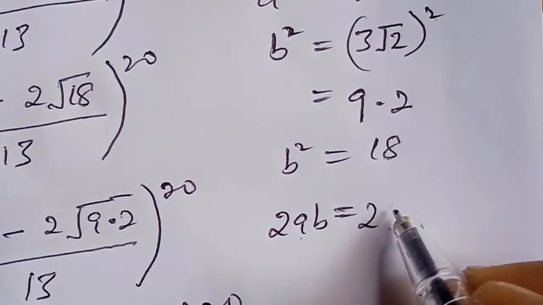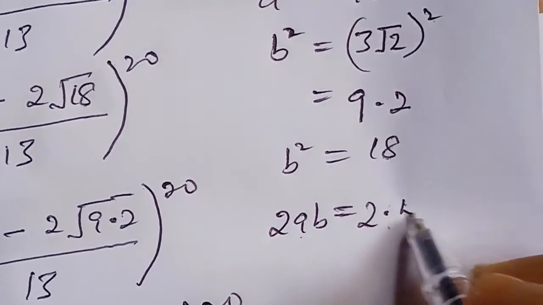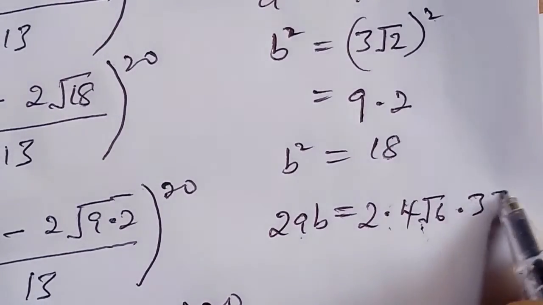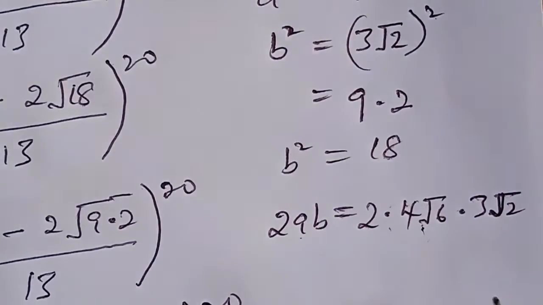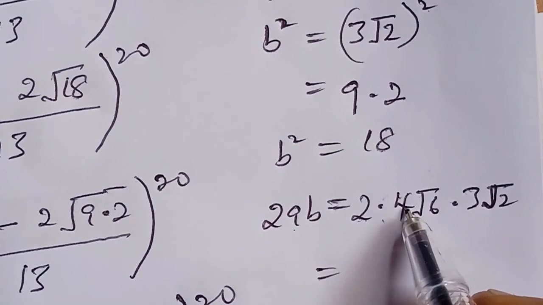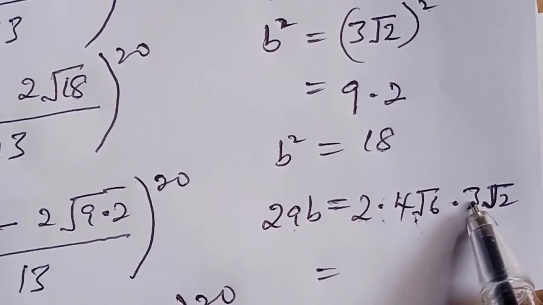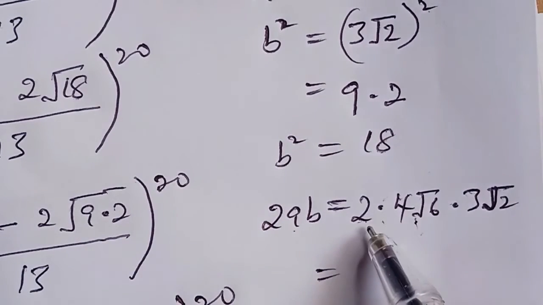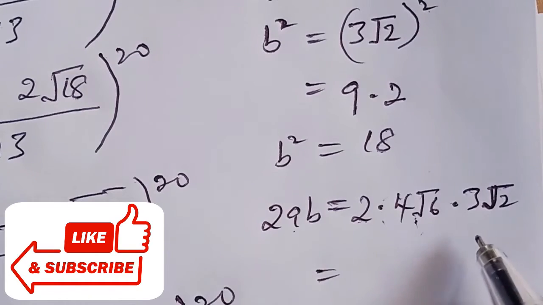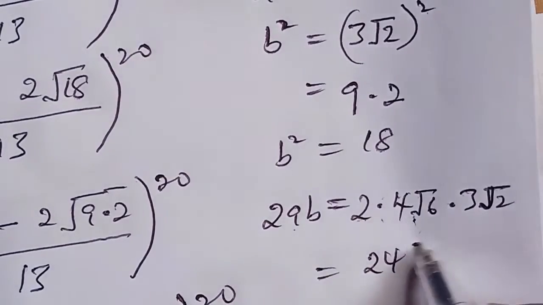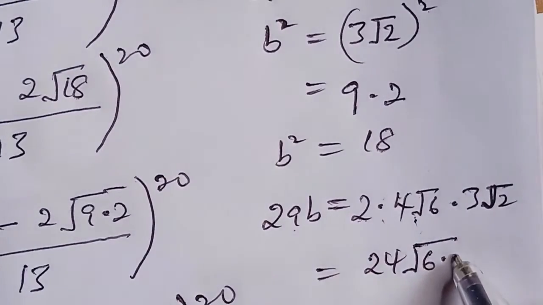We have 2 multiplied by a, which is 4 square root of 6, then multiplied by b, which is 3 square root of 2. 2 multiplied by 4 is 8, then 8 multiplied by 3 will give us 24, and that will give us 24 square root of 6 multiplied by square root of 2.